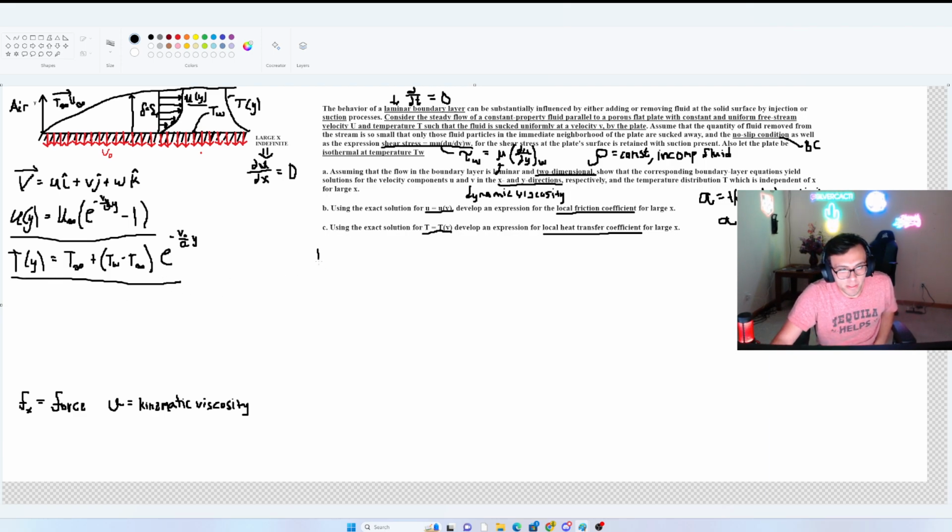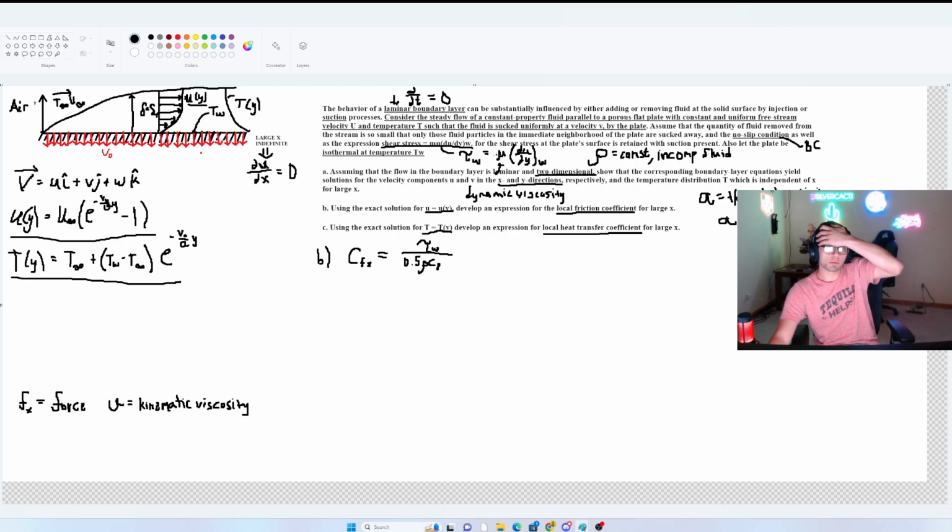So for part B, we're trying to find the local friction coefficient, which is Cf of x. And that is just this tau sub W over 0.5 rho Cp. You could solve this one pretty easily.